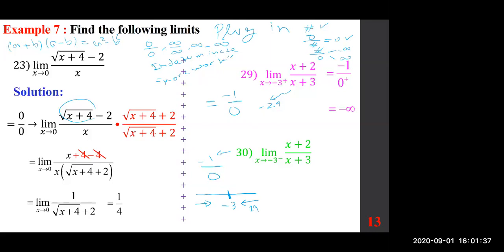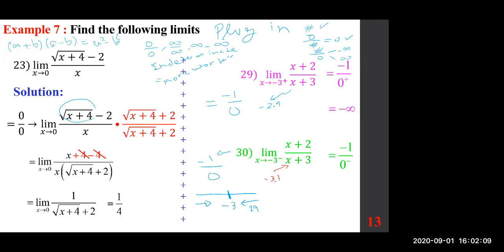When you do the same thing for number 30, the top is -1. Now, what is this x, everybody? Let me use a different color here. Now, this x is -3 from the left, like -3.1, for example. So the top is -1, but the bottom is like -0.1, the point being 0 from the left, everybody, 0 from the left.